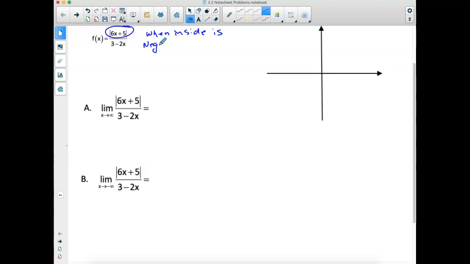And if I'm putting infinity in here, I'm just going to write this out: 6 times infinity plus 5 over 3 minus 2 times infinity. My question is, if I'm taking 6 times infinity, I think it's pretty safe to say this plus 5 isn't going to do squat to it.